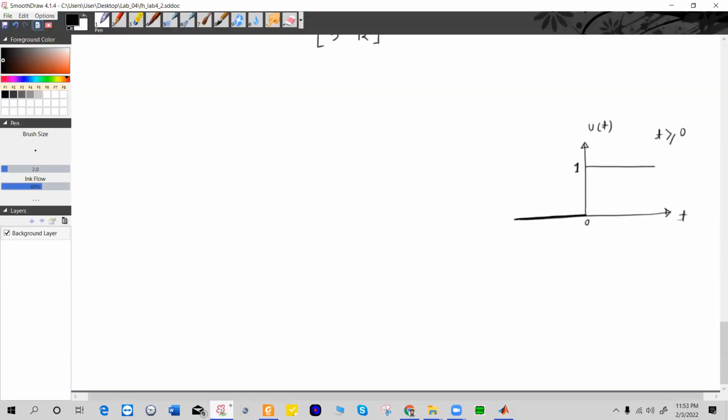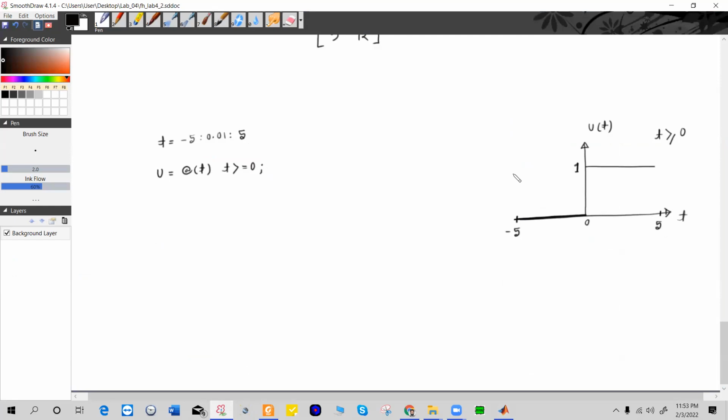Let me explain this here. Our time t is varying, say from -5 to 5, as you can see in the coding as well. Now u is equal to this notation, then t, and then the condition t greater than or equal to 0. How can we get this unit function from there?